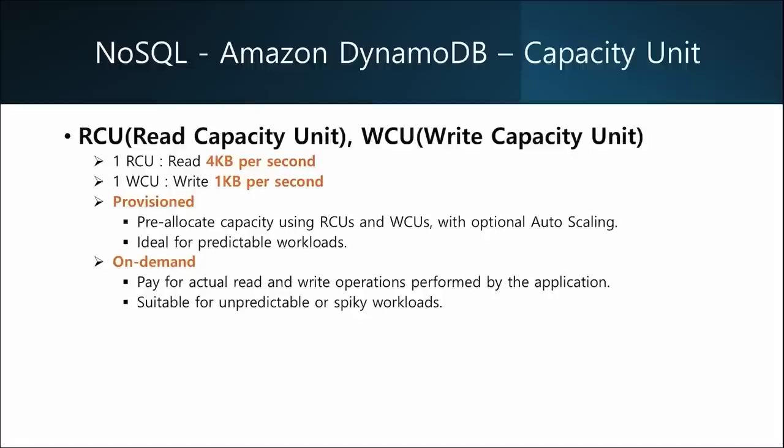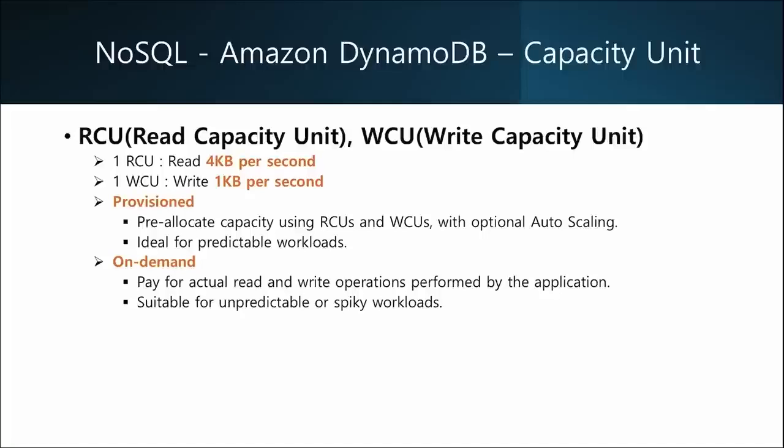In Amazon DynamoDB, there is a unit called the capacity unit. This unit is used for billing. Let's take a look at it one by one. RCU is Read Capacity Unit, and WCU is Write Capacity Unit. 1 RCU means that you can read 4 kilobytes per second, and 1 WCU means that you can write 1 kilobyte per second.